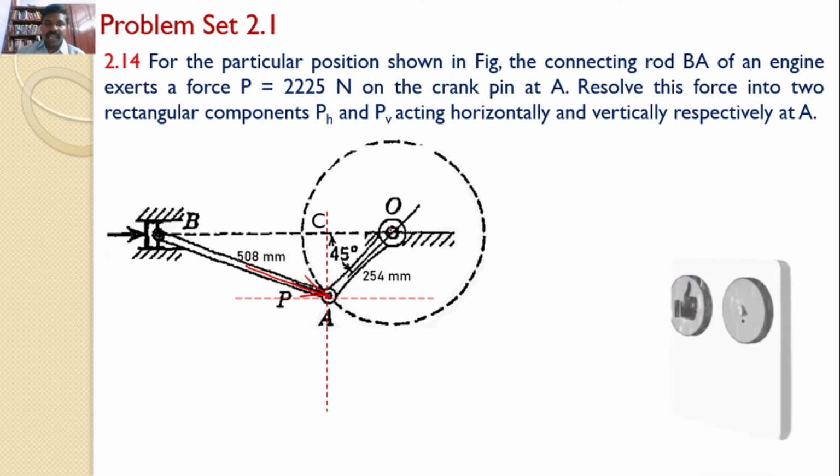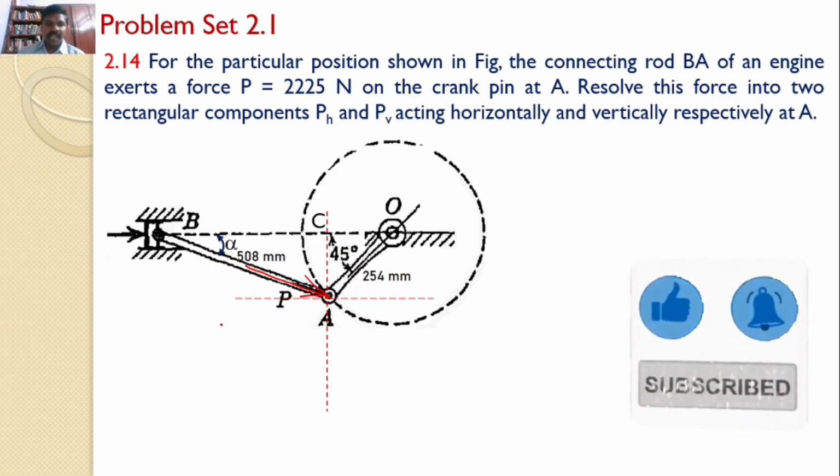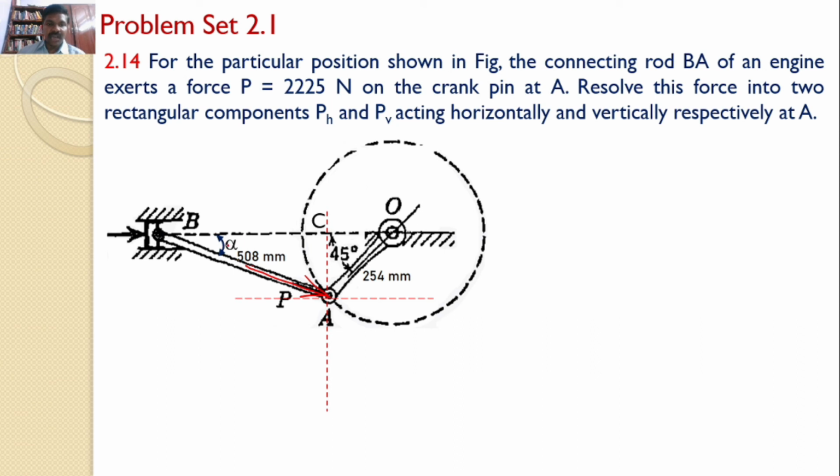In that, angle O is given as 45 degrees. Let this angle be alpha. Now, from the right angle triangle OAC, sine 45 is equal to opposite side, that is AC divided by 254 mm.